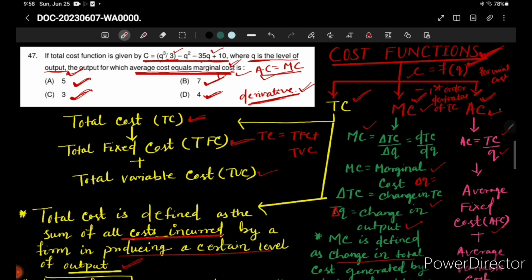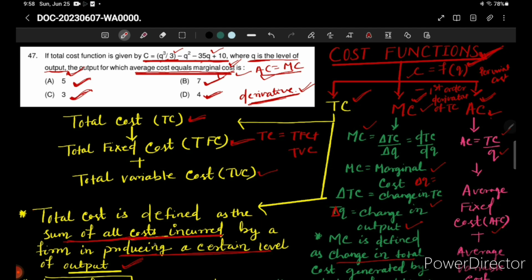So then what is the total cost? Total cost means it is the sum of all cost. Total means sum. So it is the sum of all cost incurred by a firm in producing a certain level of output. That means when a firm or a producer or an individual produces a certain kind of products, the total or the sum amount of cost he or she bears is called the total cost.